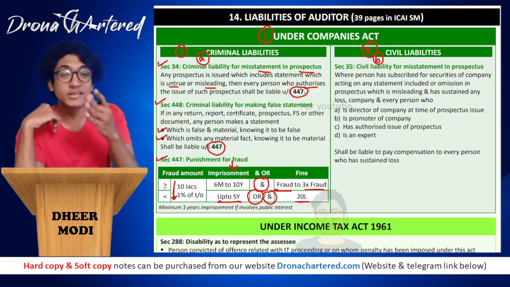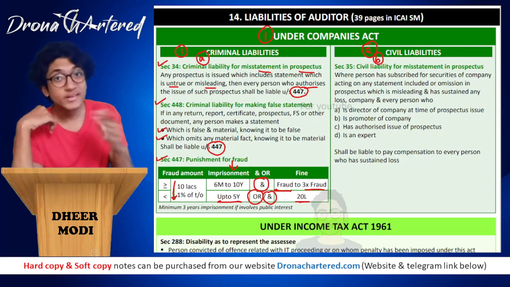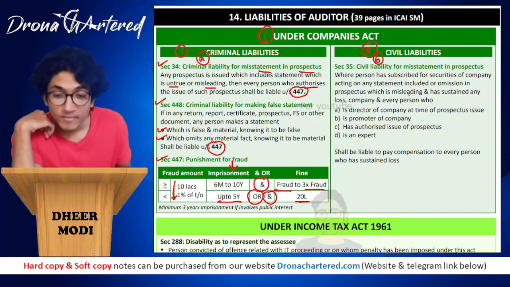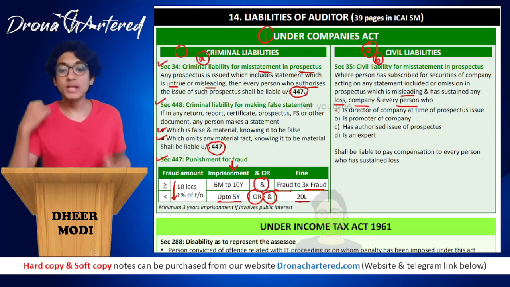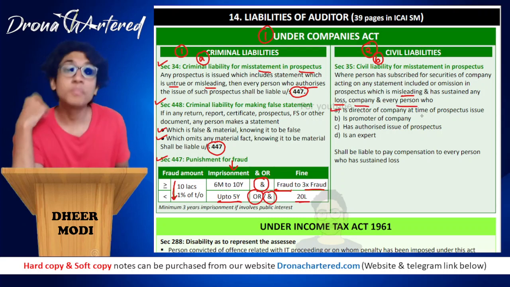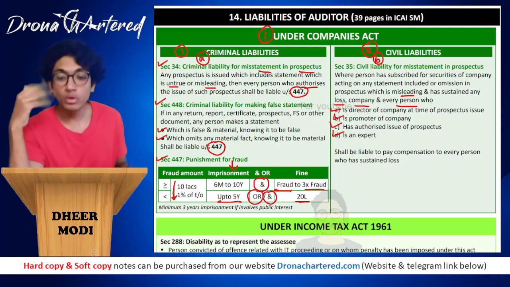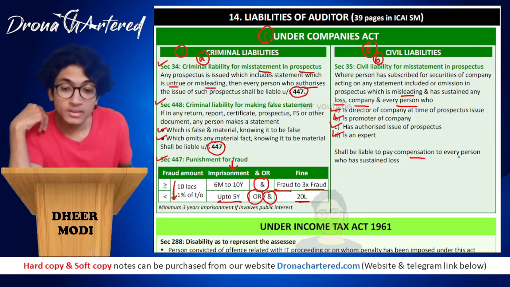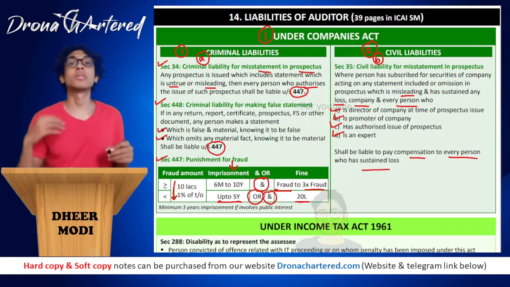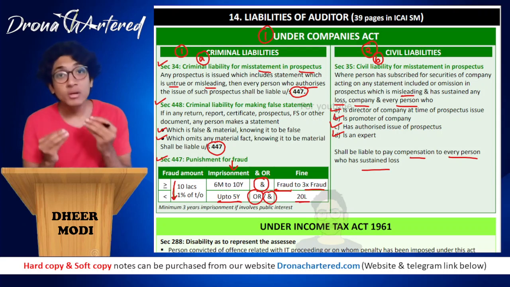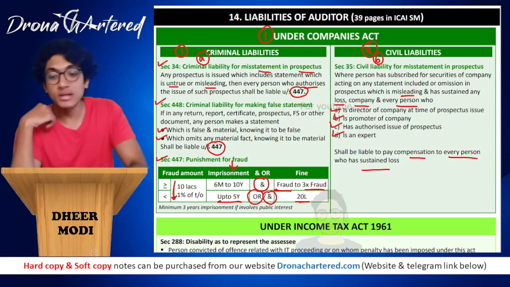That means on the basis of any statement in the prospectus or on the basis of any statement that was omitted from the prospectus, which is misleading, and has sustained any loss, then the company and every person who is a director of the company at the time the prospectus was issued, is a promoter of the company, has authorized the issue of the prospectus, or is an expert. So these four people shall be liable to pay compensation to every person who has sustained loss. That means because of such misstatement, whoever has sustained loss, these are the people who will be reimbursing that loss.